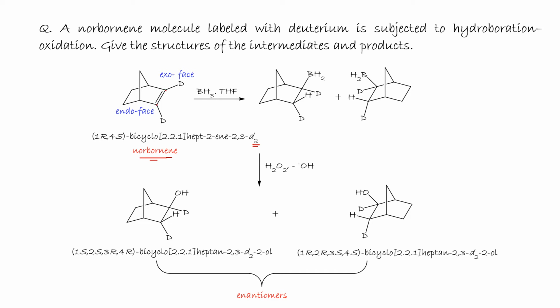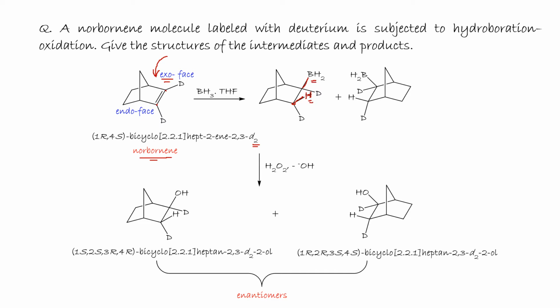Since the exo face is less crowded, that's what we expect, the addition of B and H will come from that side. So the hydrogen is up, and we'll see that the BH2 here is up too.